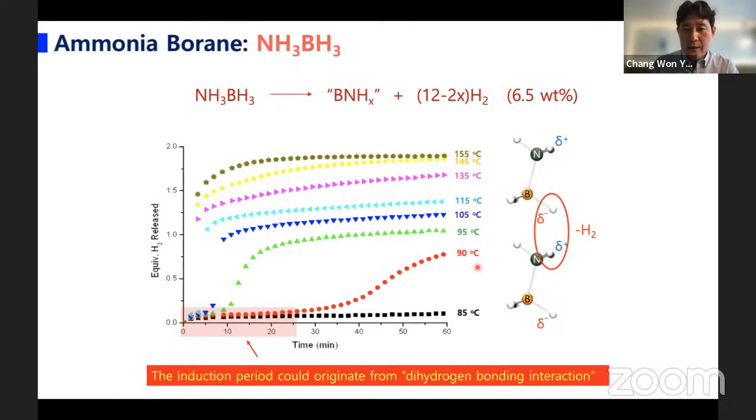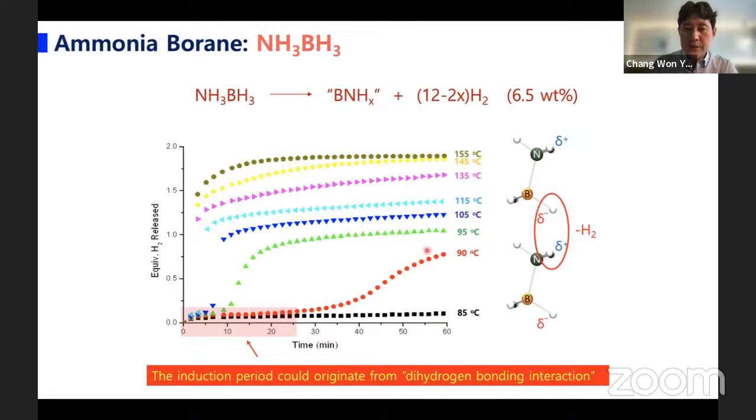And ammonia borane: if you heat ammonia borane at 85 degrees Celsius, it doesn't release hydrogen. Upon increasing the reaction temperature to 90 degrees Celsius, for about 30 minutes there's no hydrogen production, and then it slowly releases hydrogen.